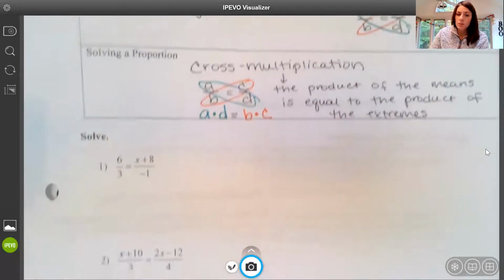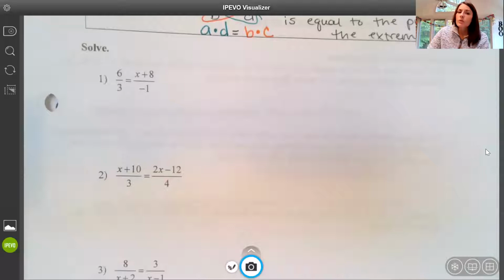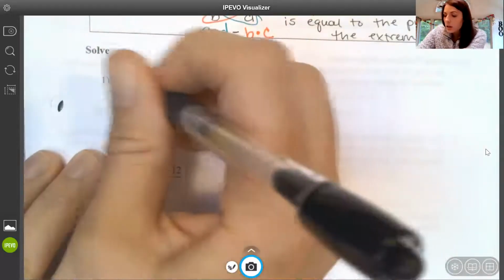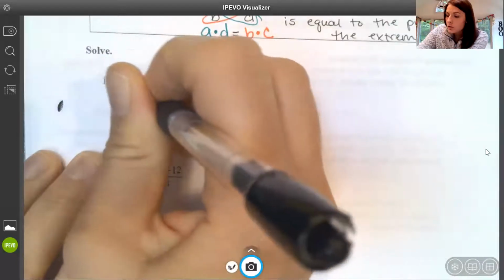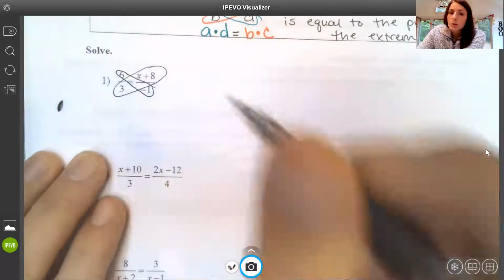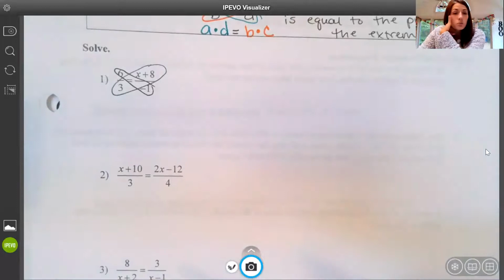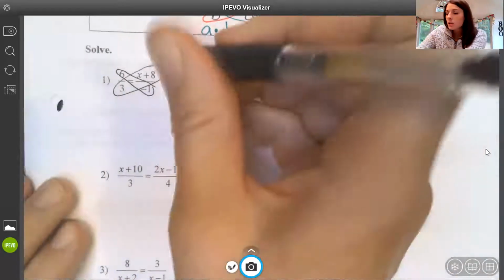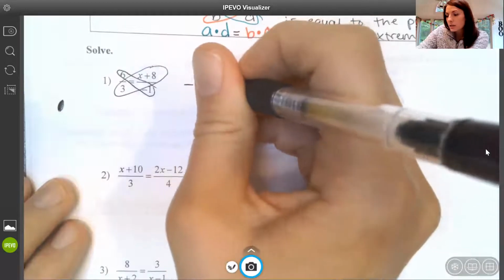We have a few examples here. Here I have one ratio equal to another, cross multiplying. Here are my extremes, here are my means. What we need to be careful about is the distributive property and making sure we're multiplying the entire value. So 6 times -1 gives me -6.